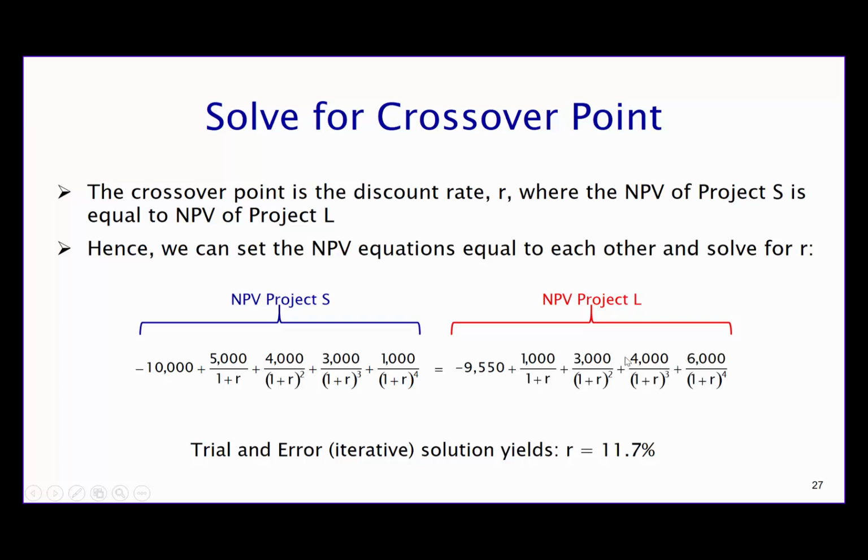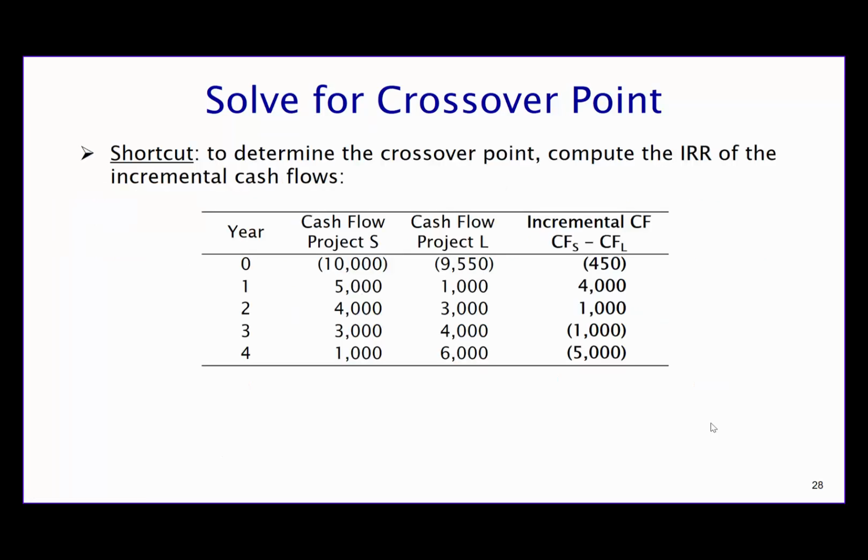I can subtract term by term to simplify this. Can you see that I'm actually subtracting this from that, this from that, this from that, and so forth? Well, let's just go ahead and do that from the get-go without writing the equation out. Okay, and that's what I do here.